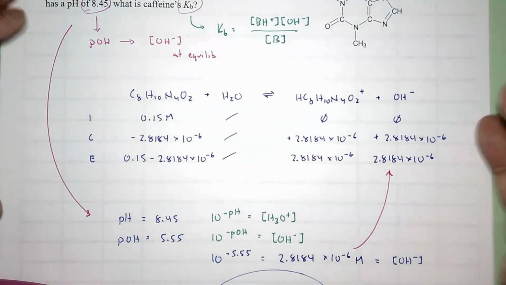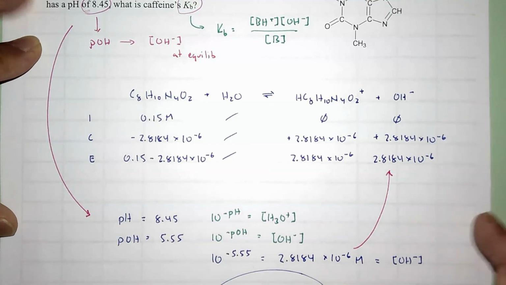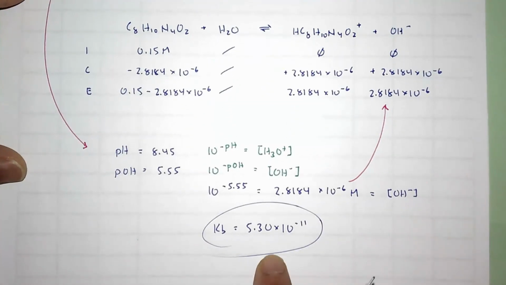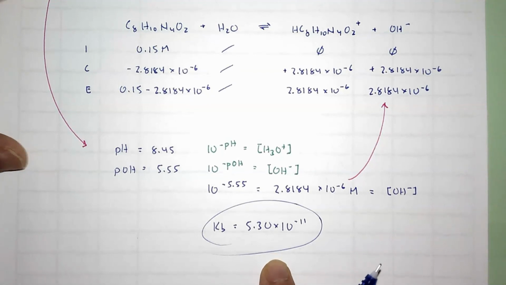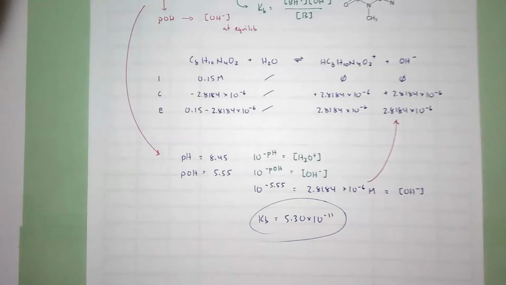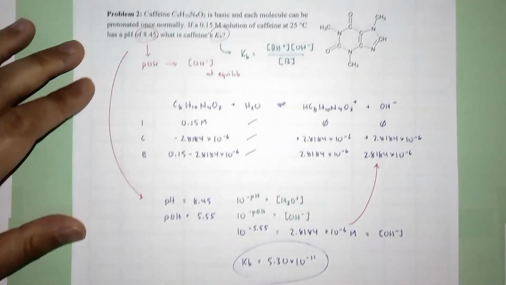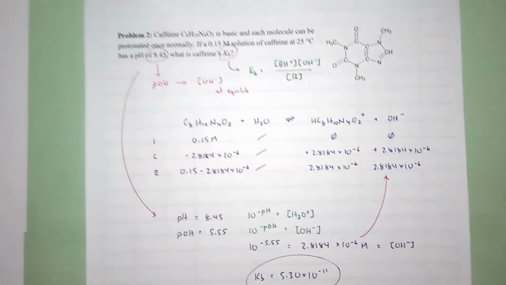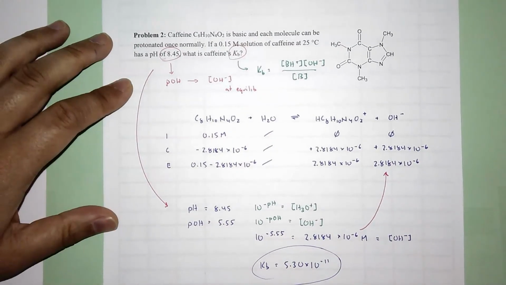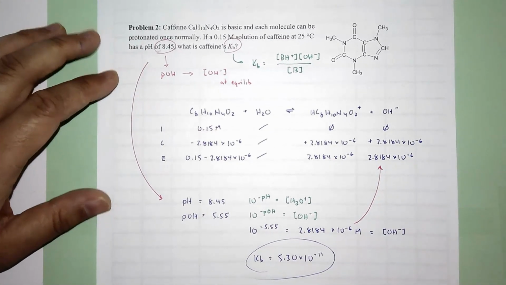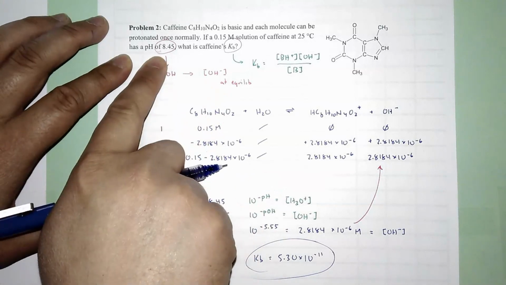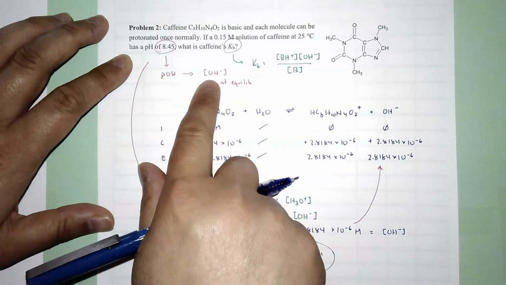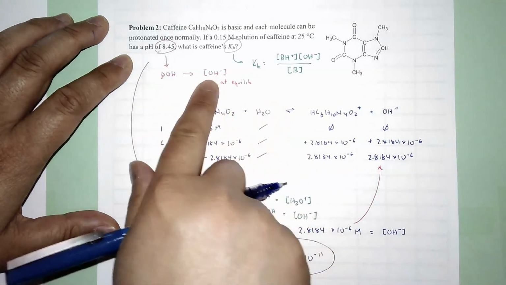I just hadn't worked it out myself, and it's correct. 5.3 times 10 to the minus 11. Do you want me to zoom out? Okay, nice problem, because we had to take a couple steps from this piece of information to realize that we really want that piece of information.